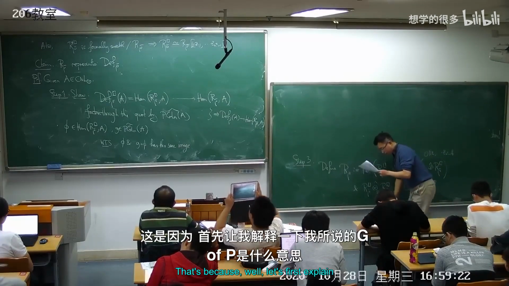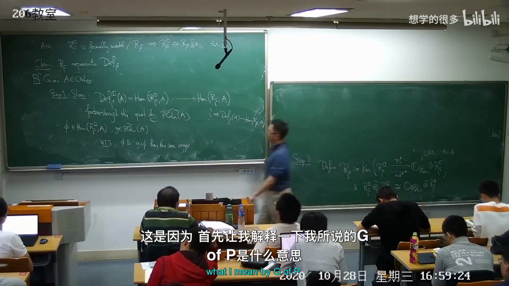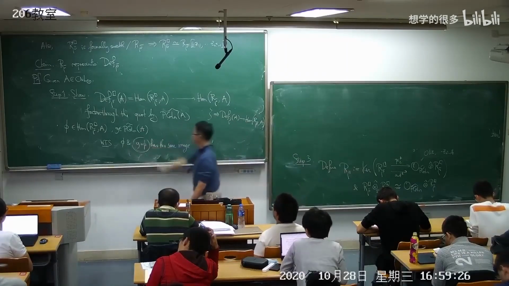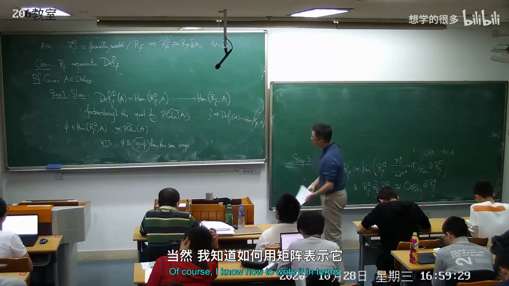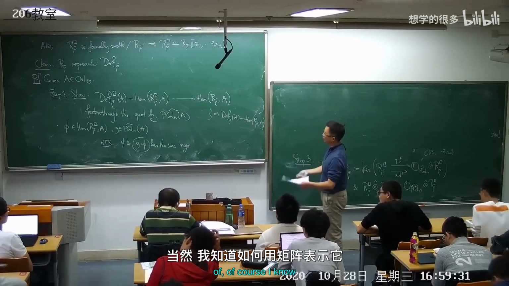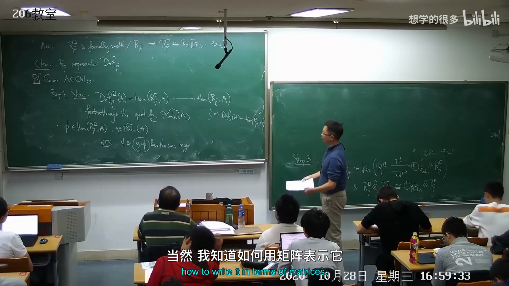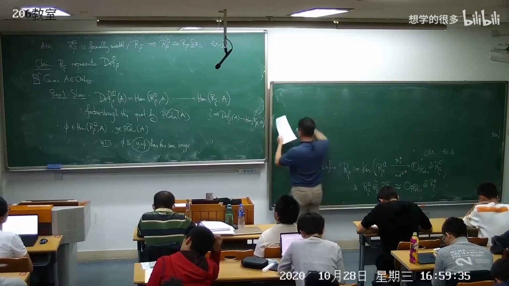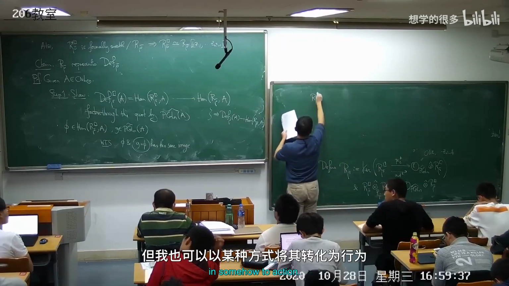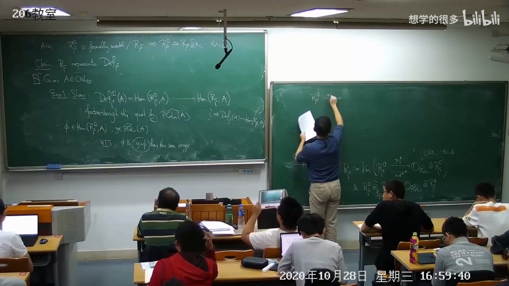Let's first explain what I mean by g of phi. Of course, I know how to write it in terms of matrices, but I can also write it in terms of the action map.